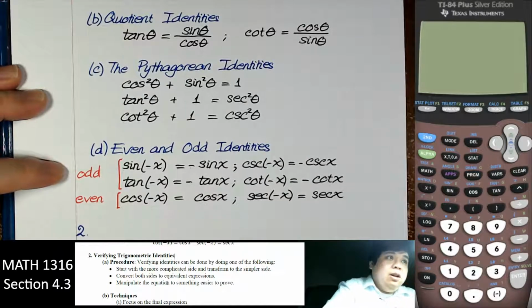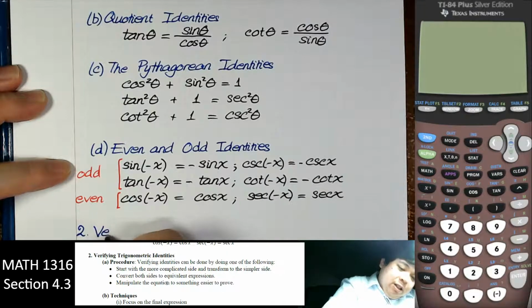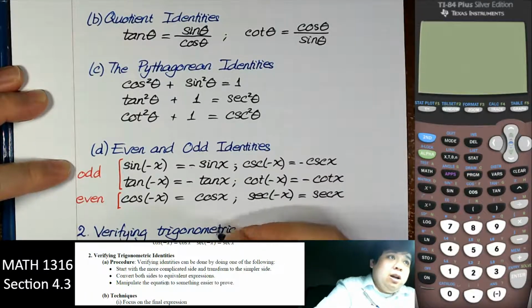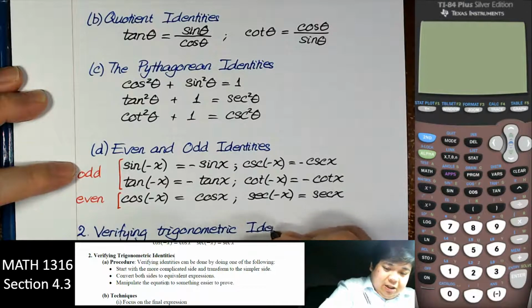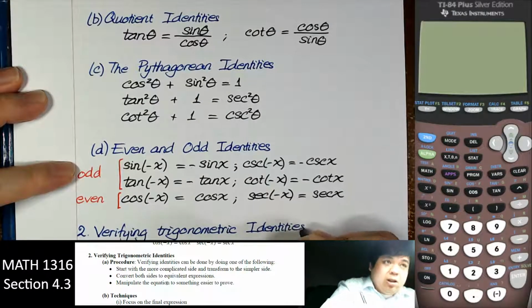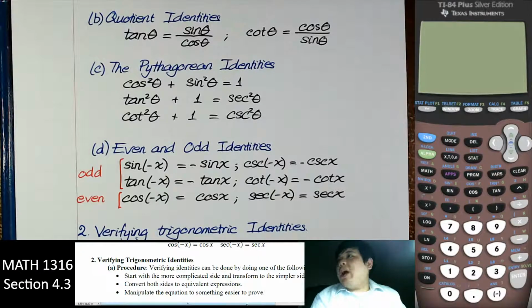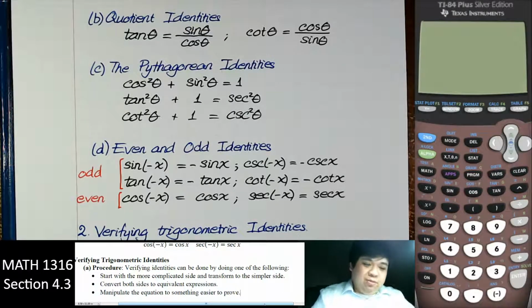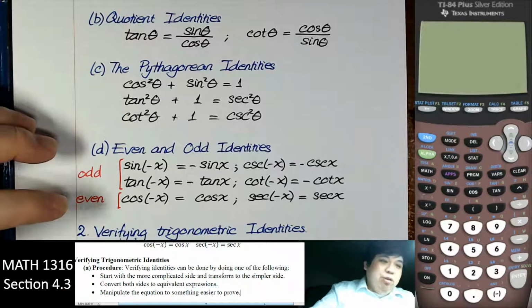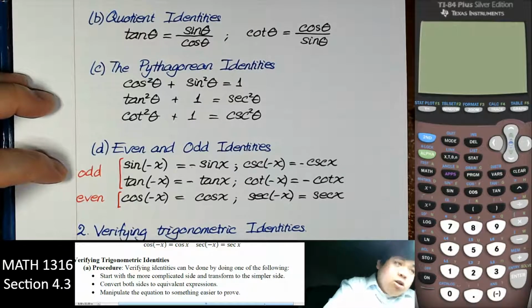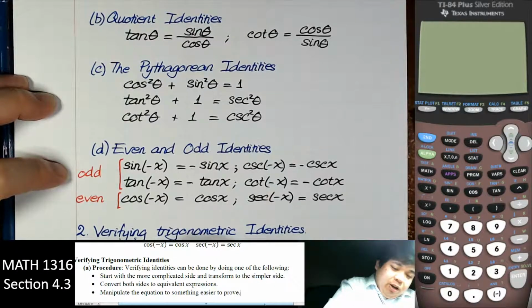2. Verify trigonometric identities. I brought up quite a few things here, but whether we actually do that, it's kind of difficult because each problem we might have to approach differently.